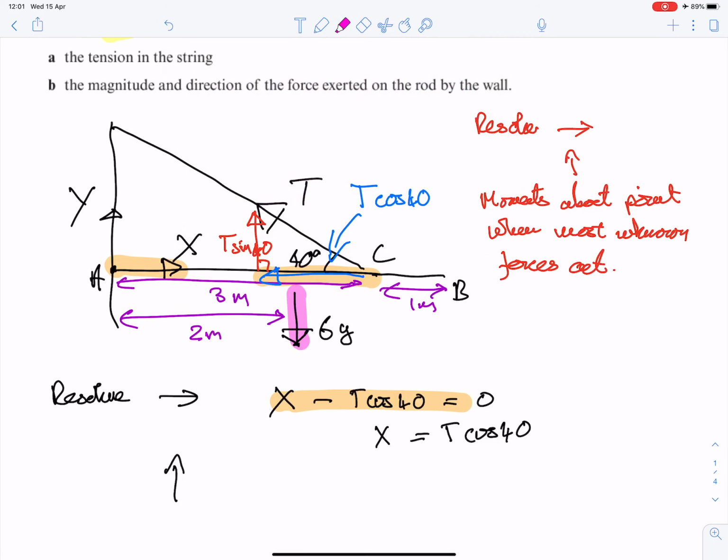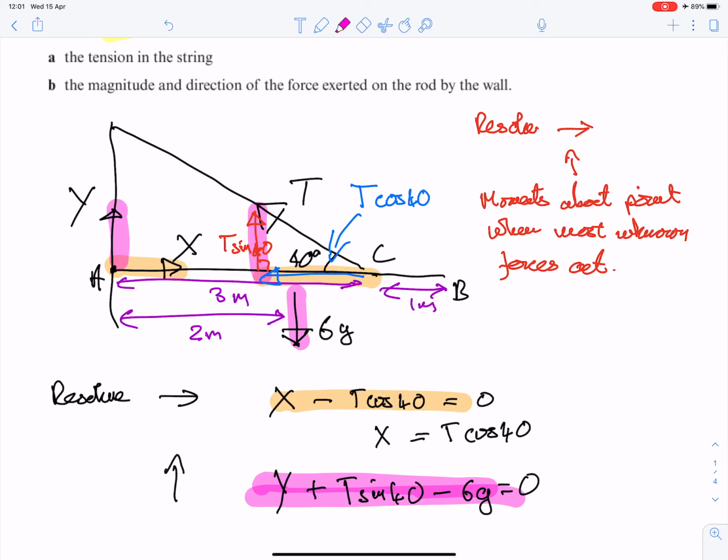So we're going to have X minus, and we want the horizontal component of T, which is T cos of 40, is equal to 0. So X equals T cos of 40.